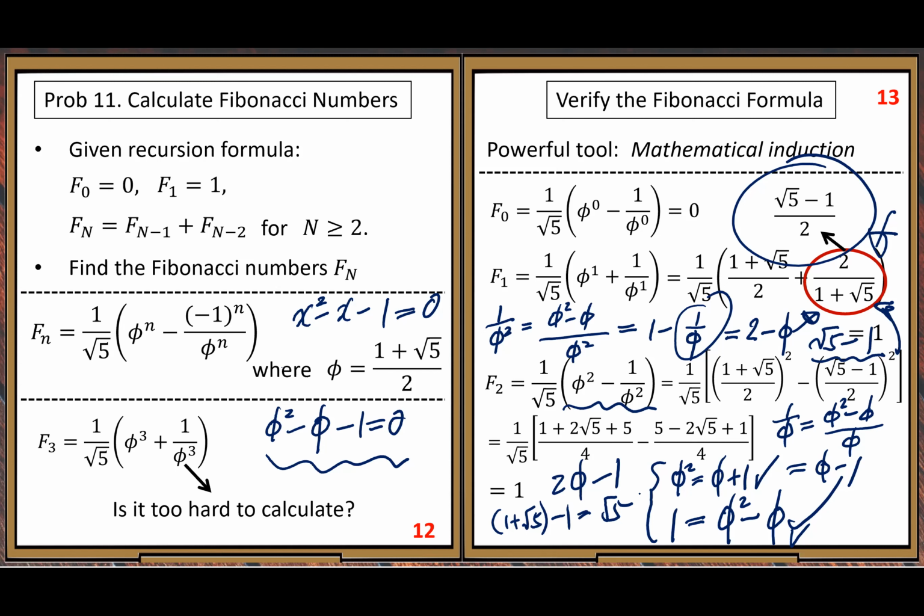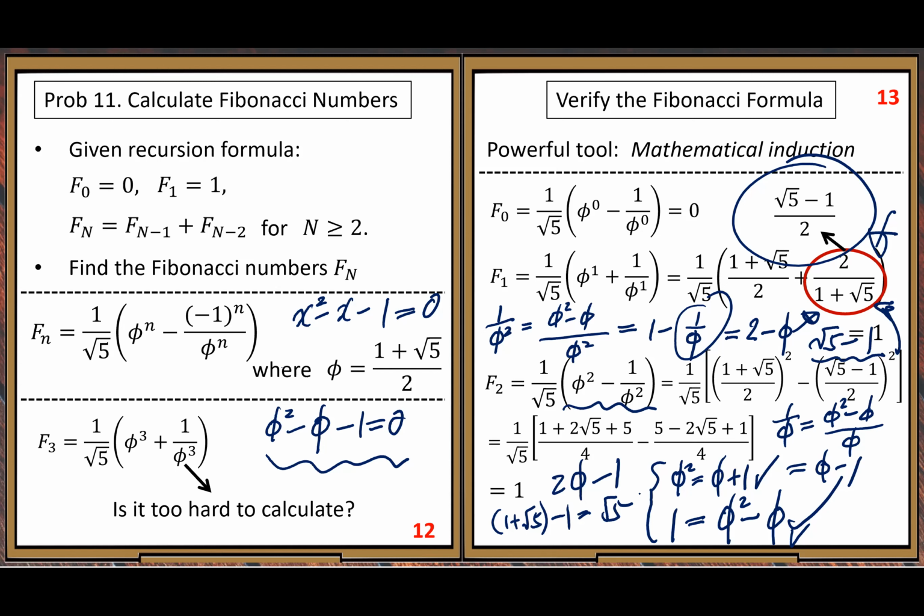When you see phi squared, you can replace it by phi plus 1. When you see 1, sometimes you can replace it by phi squared minus phi. Two properties.